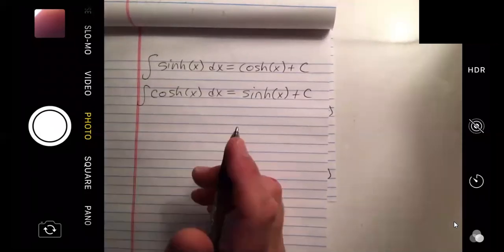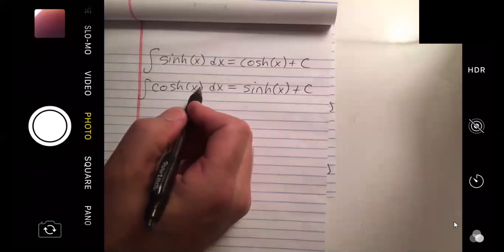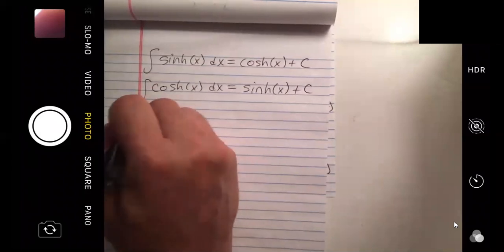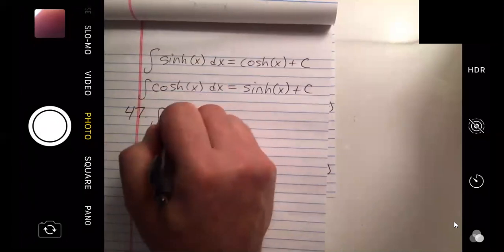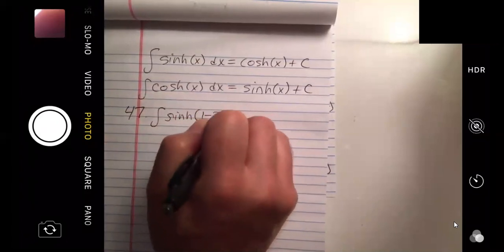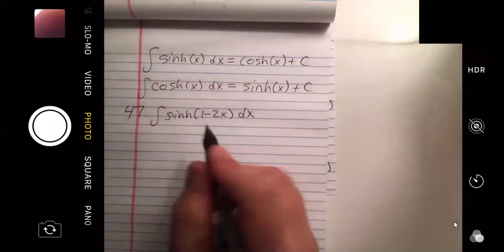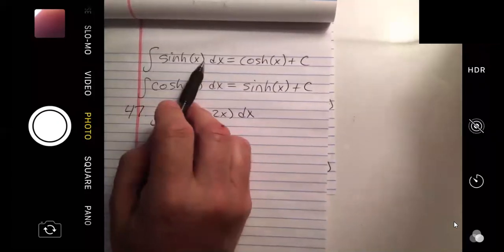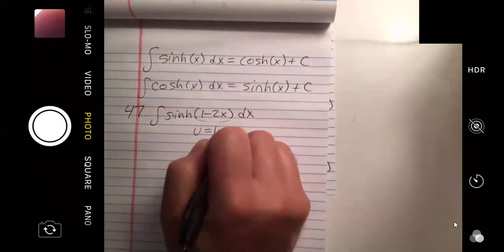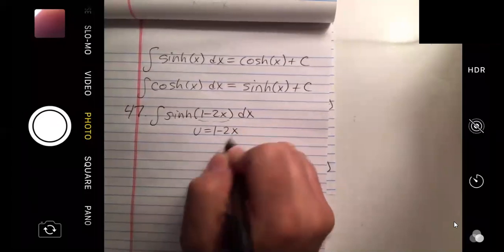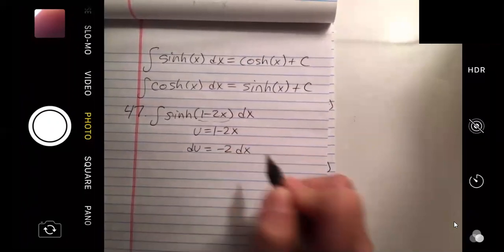Yeah. Back to your problem. With that introduction, you want to try your problem again? It was 47. Yes. Okay, you're going to have to bring a u du in on it. You take an integral of a sinh of 1 minus 2x. All right, you want to get it back to this form right here with a single letter. That makes this your u. You will then need to do a du, -2 dx.